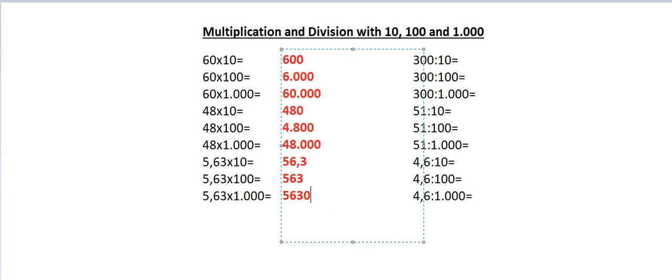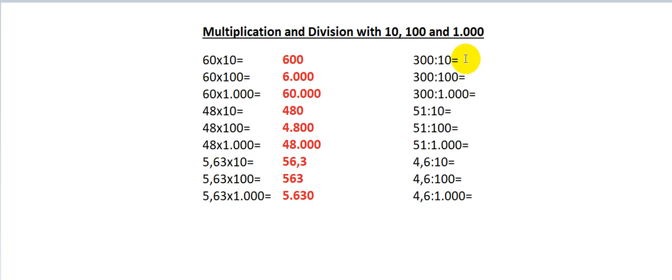But again, just like before, since there's no number to the right, I can just not write the decimal point at all. And my answer would be 5,630. Again, I needed to take the decimal point 3 places to the right. One place skips the 6, the other place skips the 3, and the last place I turn into a 0.